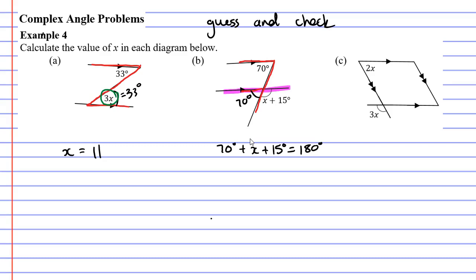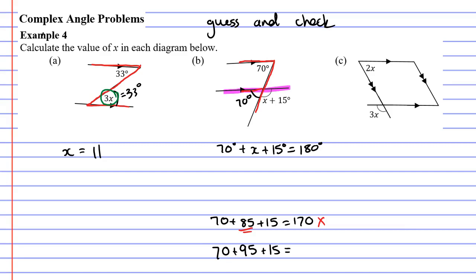So I'm going to try some things here. Let's try, I'll do it down below. Let's try x as 85. 70 plus 85 plus 15 comes out to 170. So that one's wrong. It definitely can't be 85. So next I'll try something different. I have a funny feeling that 95 will work.